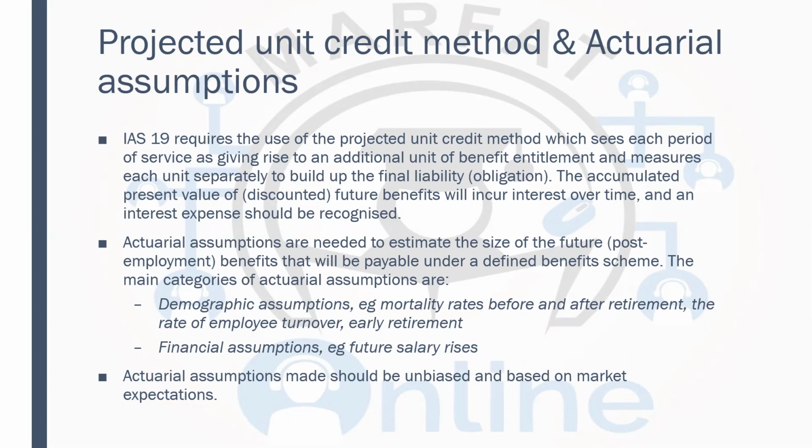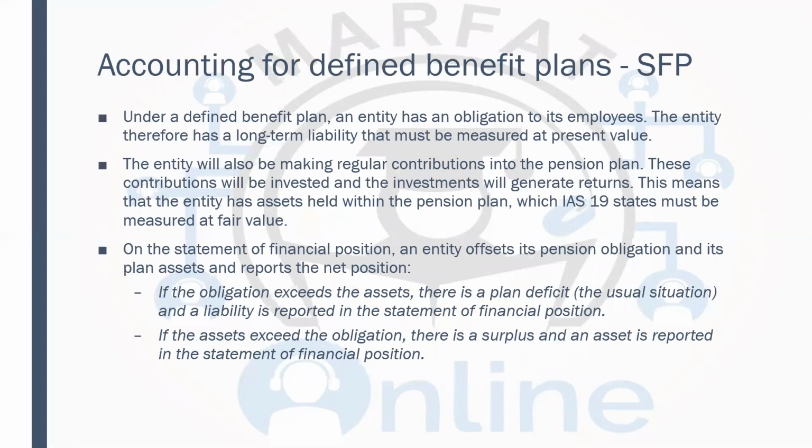For example, demographic assumptions like mortality rates, the death rates, and similarly financial assumptions such as future salary rises, like the increments and the inflation impact. All these factors are considered, and these are the financial analysts who are going to do these calculations for you, and based on that you will be deciding your contributions.